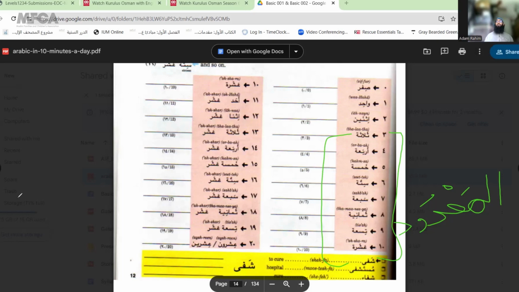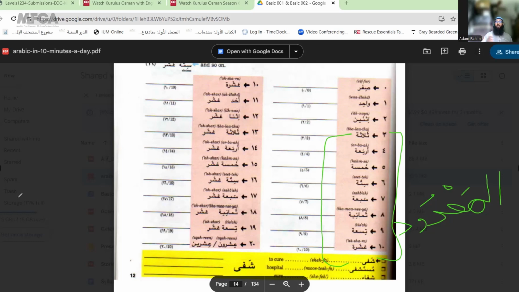If I said the word kitabani, what does that show you guys? Kitabani, the muthanna, the dual tense of the word kitab. What does that indicate, Brother Colin? Kitabani. 2 books.